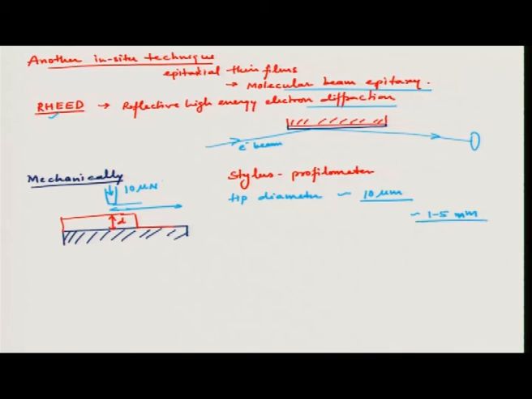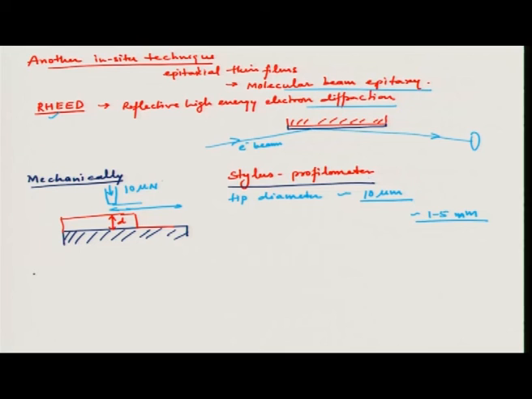So, you can get the thicknesses with a resolution of 1 to 5 nanometer. But since the tip diameter is very large, you will not be able to see this sharp edge because the tip will not allow you to measure here. So, there will be some loss of lateral resolution. This is the stylus profilometer.